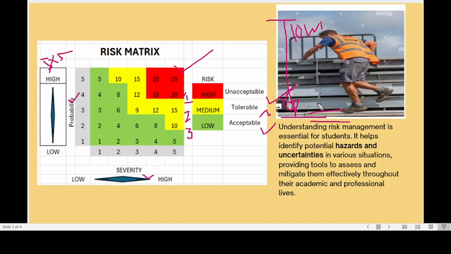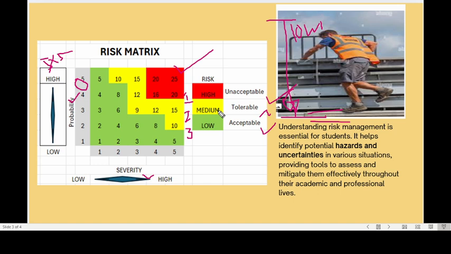So we assign a likelihood rating of 5. Likelihood 5 means probability very high, the top in the scale, which means almost certain.